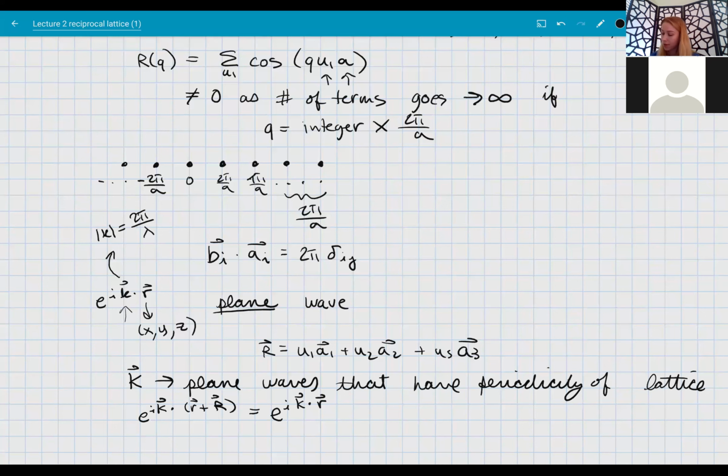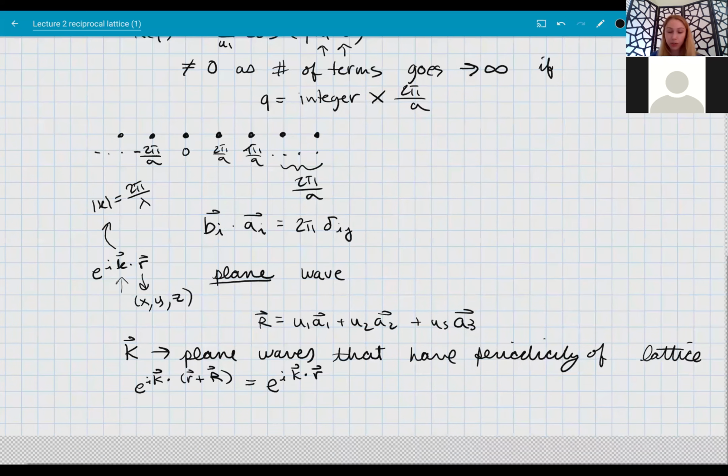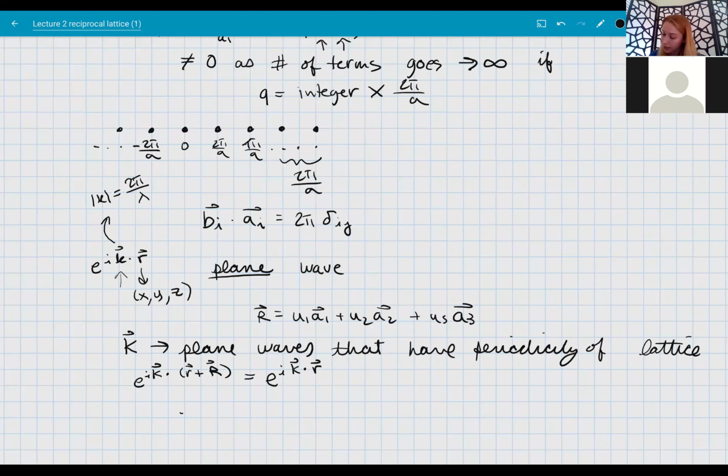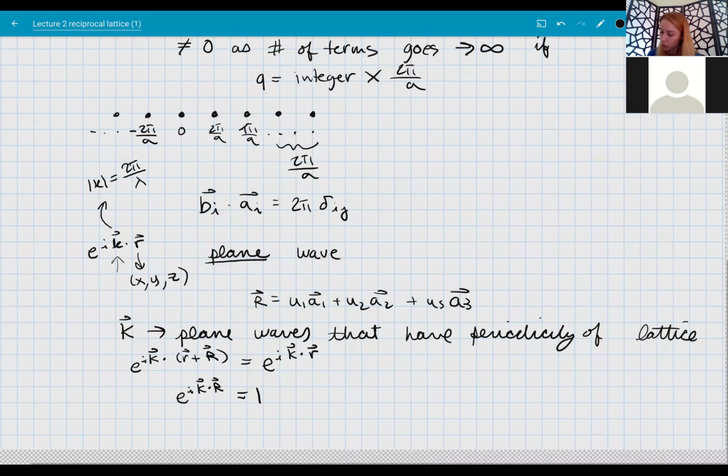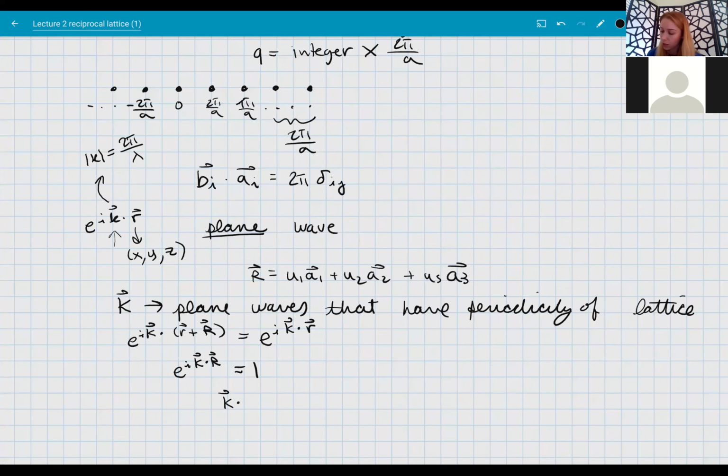Okay, and then if we just divide out common factors, we get that e to the i k dot R is equal to 1. And this expression can only be true if k dotted with R is equal to some integer multiple n times 2 pi. And this is indeed the one attribute of the reciprocal lattice.